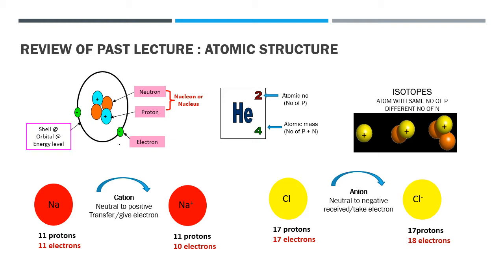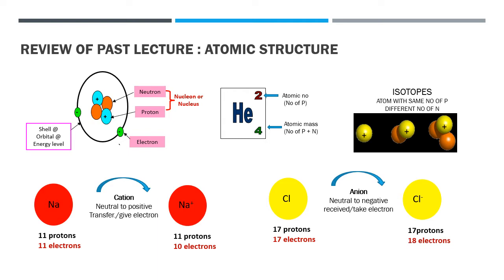At the periodic table, an element is represented by the atomic number at the upper part, which is actually the number of protons, and at the lower part by the atomic mass, which is actually the number of protons plus the number of neutrons.